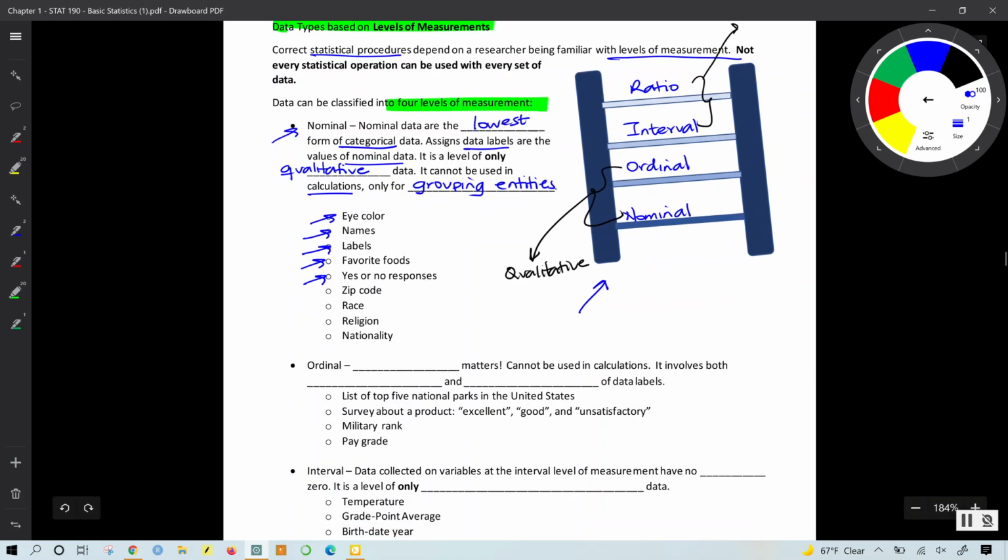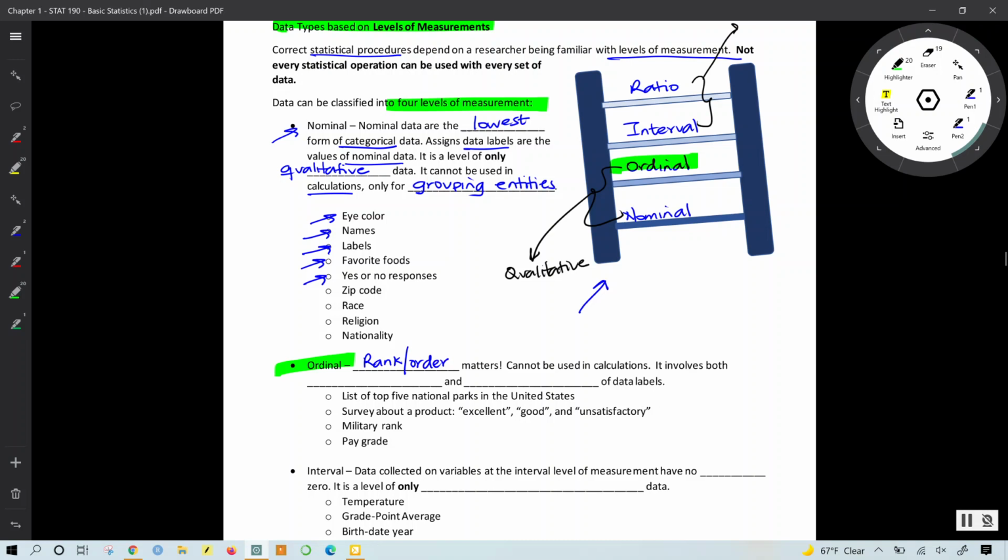Then we talk next about ordinal level of measurement. For ordinal level of measurement, rank or order matters. So talk about, for example, the survey of a product. If we rate it as excellent, good, or unsatisfactory, there is no doubt that excellent is superior compared to unsatisfactory.